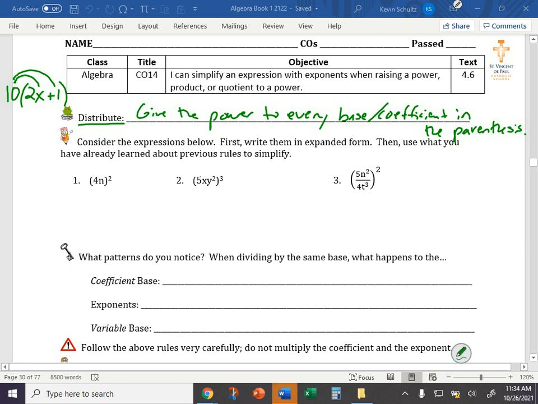But first, we're going to take a look at it in expanded form. So 4n squared, the base of this power of 2 is the 4n. So in expanded form, it's going to be 4n times 4n, right? That parentheses, like I said, makes that 4 part of the base. It's part of what's being squared. So it's going to be 4n times 4n.